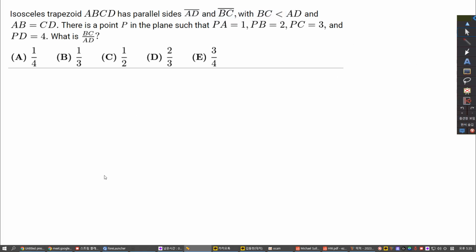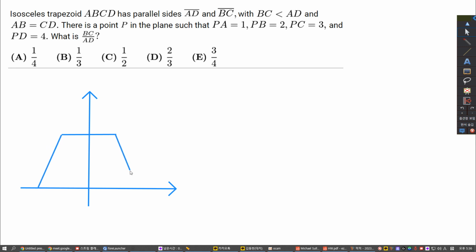So let's make some coordinates for the trapezoid. Because AD is longer than BC, AD is the bottom and BC is at the top.